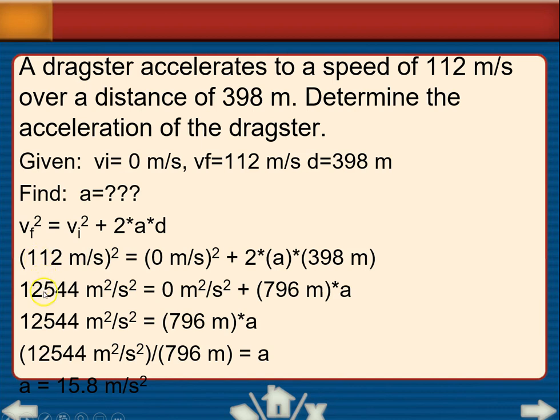So when you square 112, you get 12,544 meters squared per second squared. 0 squared is 0. 2 times 398 is 796 meters. Okay, so your velocity final squared divided by 2 times your distance is going to get you your acceleration of 15.8 meters per second squared.